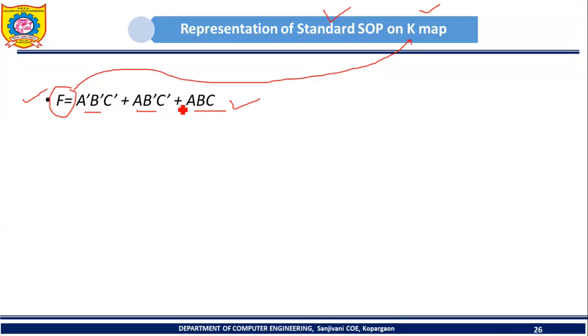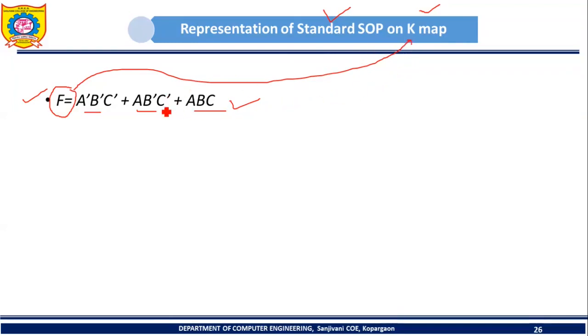Because if it is minimized, then the circuit we develop from it will be simple and will contain fewer components. So here we want to minimize this expression, and that's why we want to represent this function on K-map. I hope the point is clear to you.